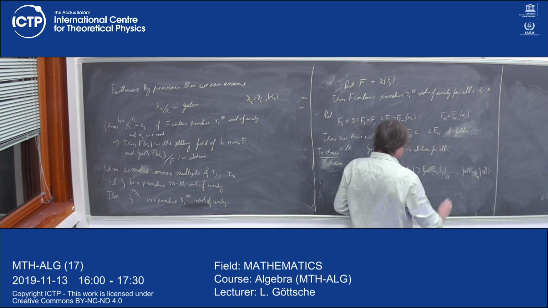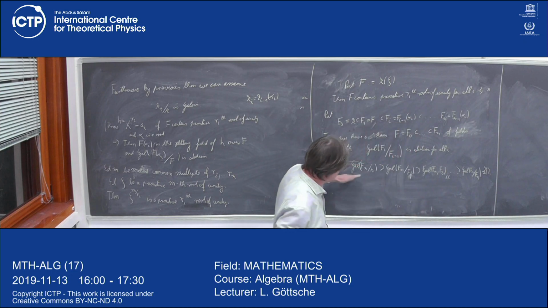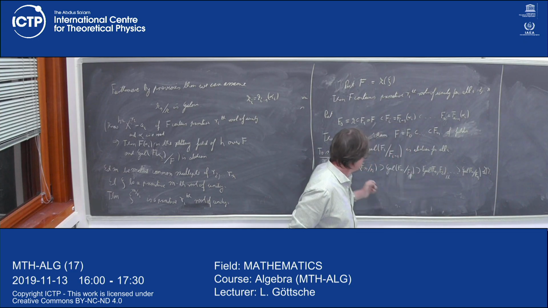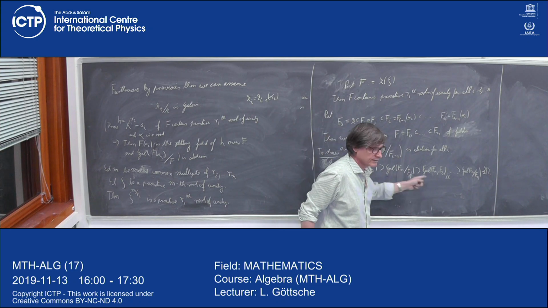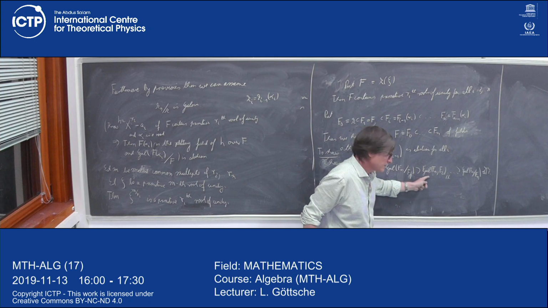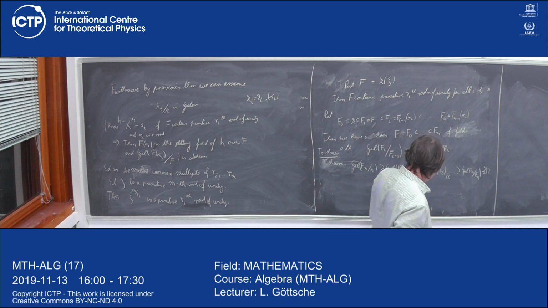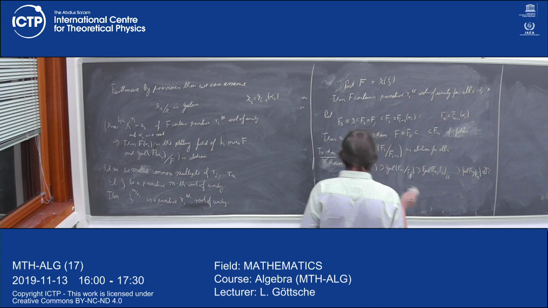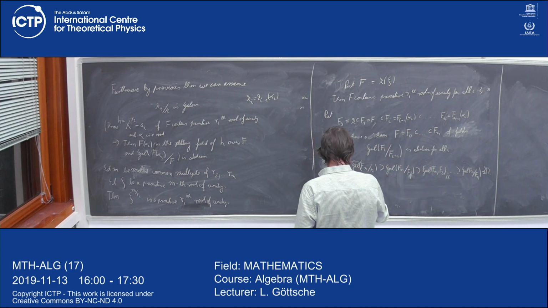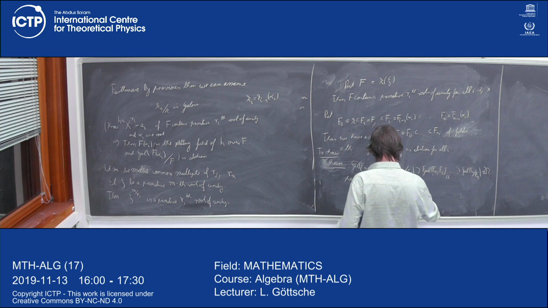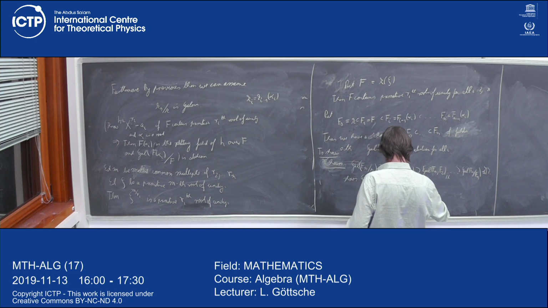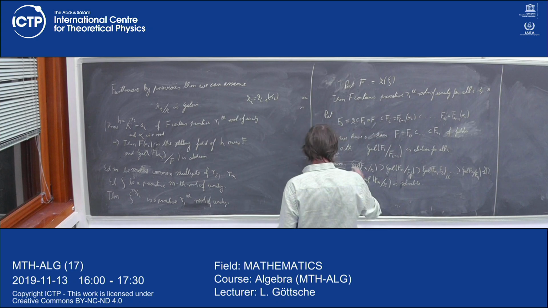So we want to show that this is a chain of subgroups of the Galois group, such that each one is normal inside the next, and the quotient is abelian. So we want to show that this chain shows that the Galois group of F_n over K is solvable.